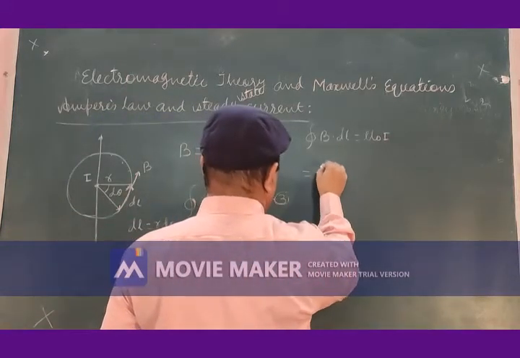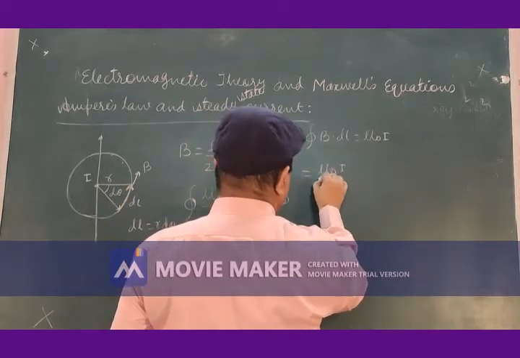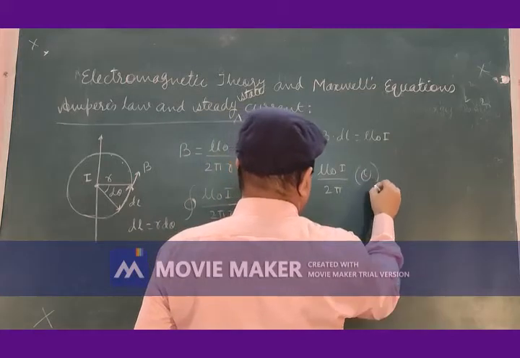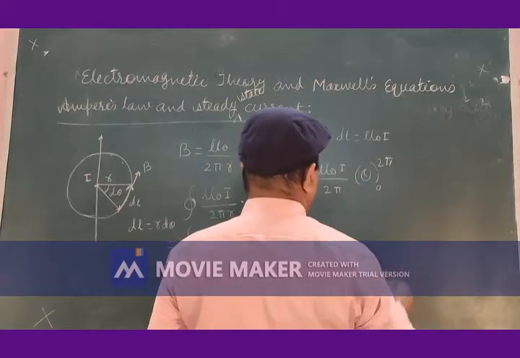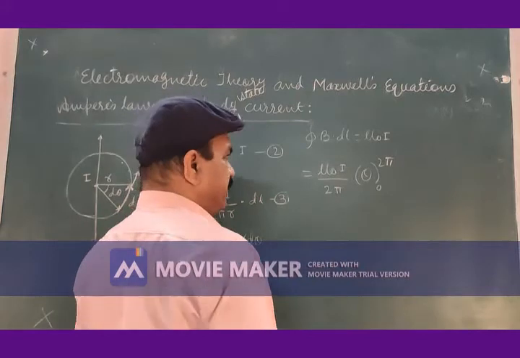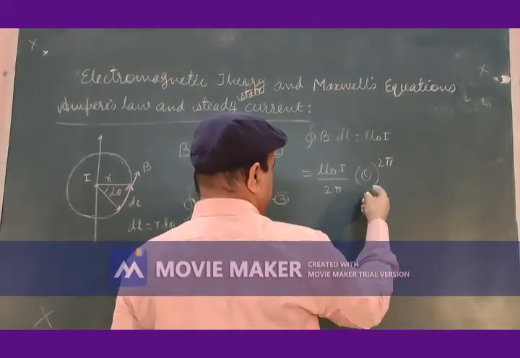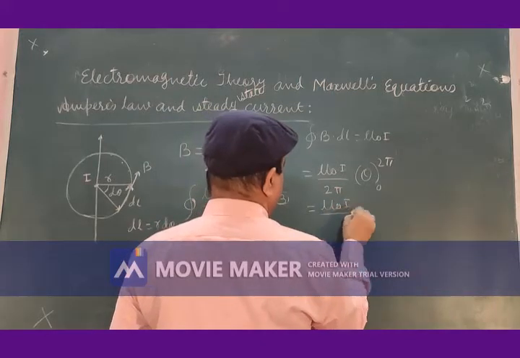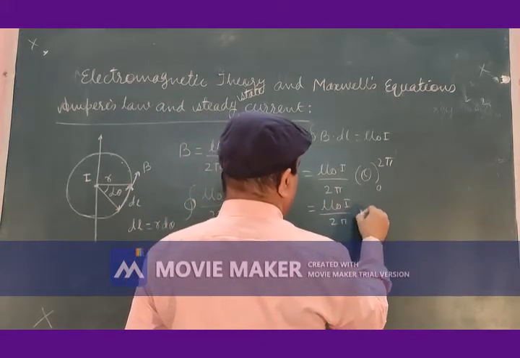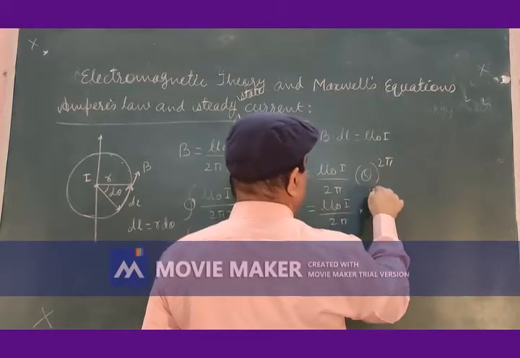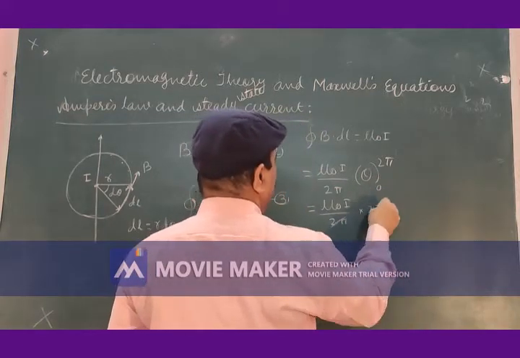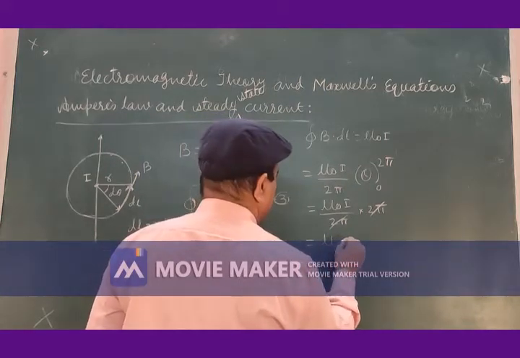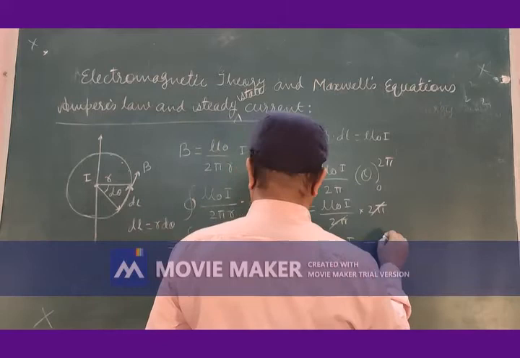The integral of d theta runs from 0 to 2 pi for the closed path, higher limit minus lower limit, so we have mu 0 I divided by 2 pi into 2 pi minus 0. The 2 pi gets cancelled, and finally we have mu 0 into I, equation number 4.